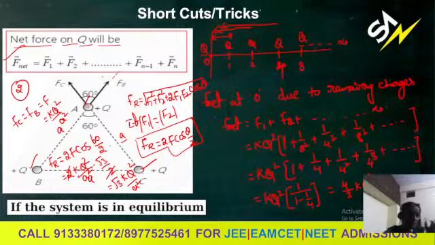One compulsory question we can expect is about the net force at any point due to a system of charges. The same model of questions can be expected about electric field intensity also.